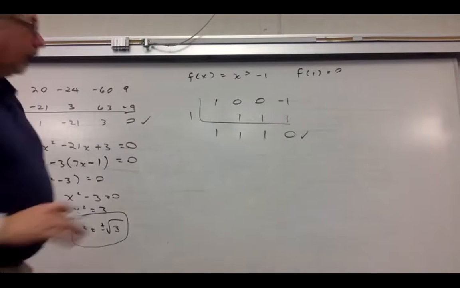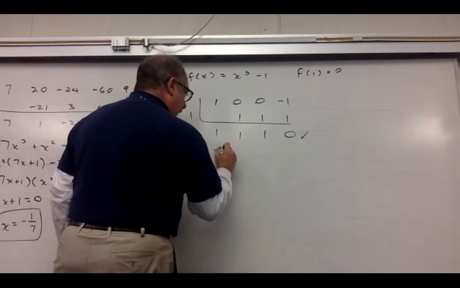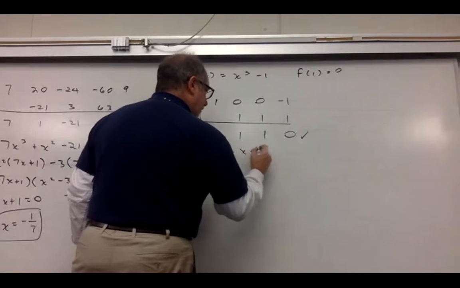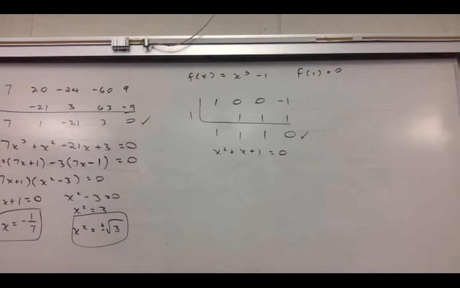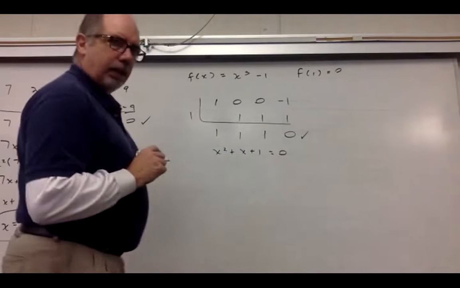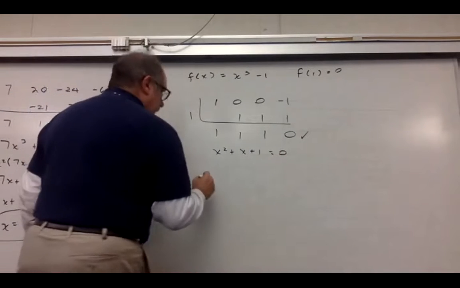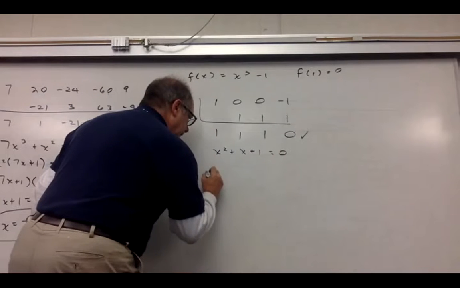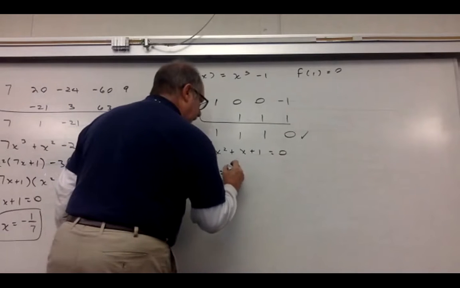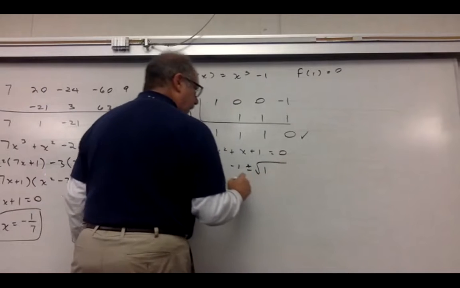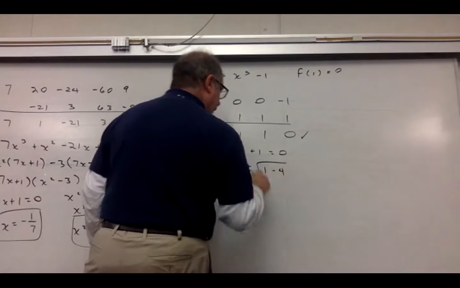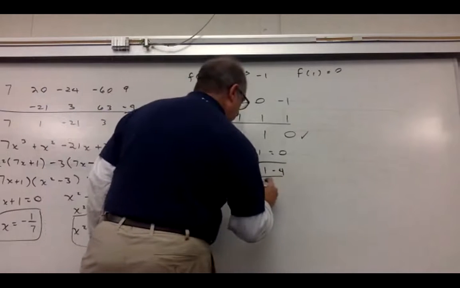Okay. And then what I'm left with is x squared plus x plus 1 is equal to 0, which sadly is not factorable by any method other than the quadratic formula. So I got to do that again. So x is equal to -b plus or minus the square root of b squared minus 4ac, all over 2a.